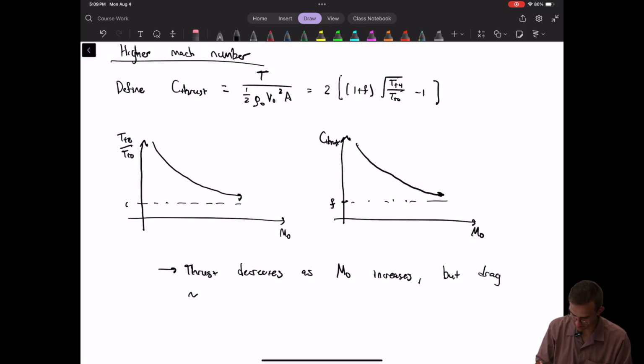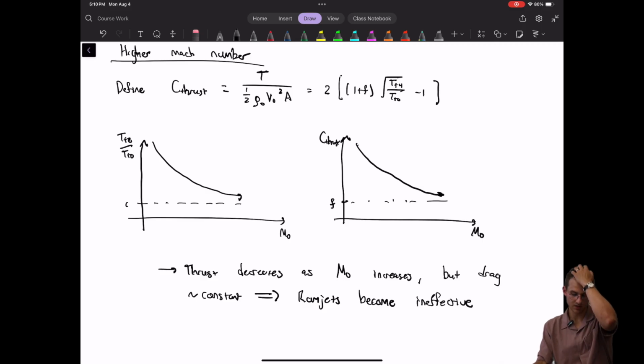Ramjets become ineffective. So we can't push the ramjets all the way to, say, hypersonic operation, for example.